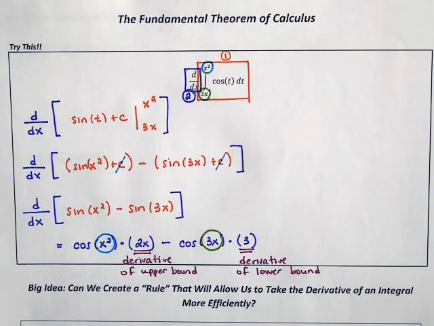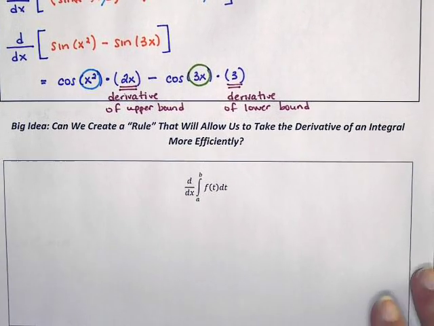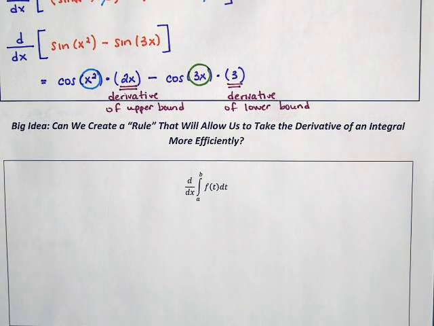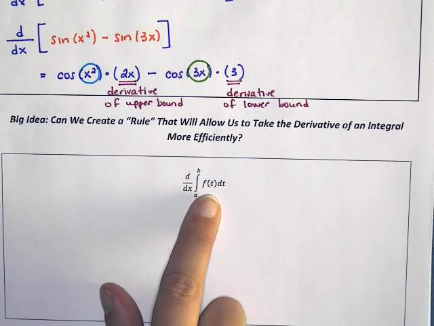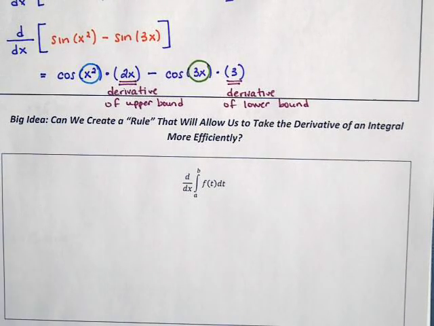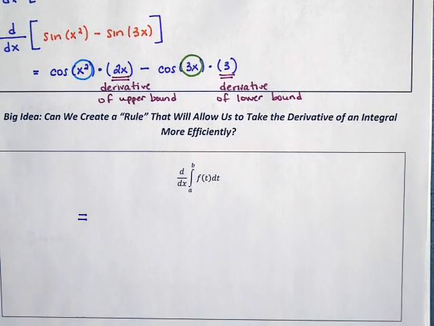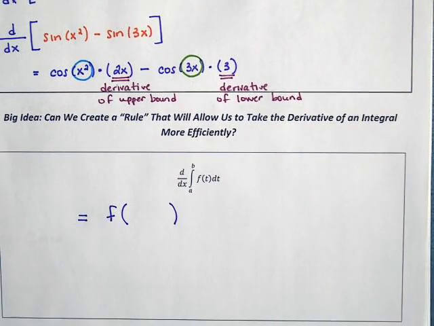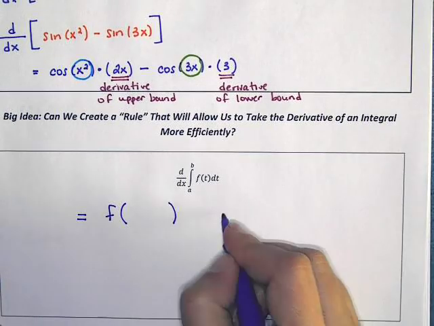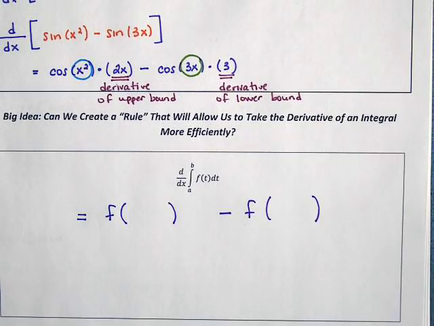So if we turn this into a rule, in other words, can we create a rule that will allow us to take the derivative of an integral more efficiently? Here's what we would do. Anytime you want to take the derivative of an integral, you don't have to go through this big long process. What you can do is say, I know that my final answer will be the same original function with something new plugged in, minus the same original function with something new plugged in. And then here's what I'm going to plug in.